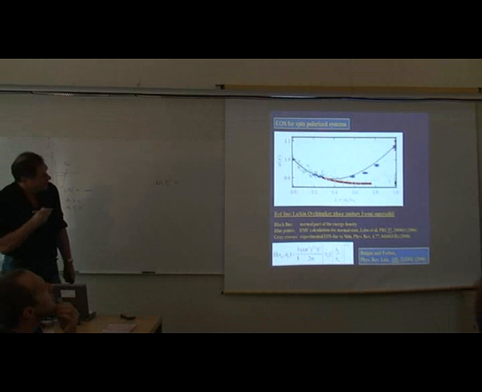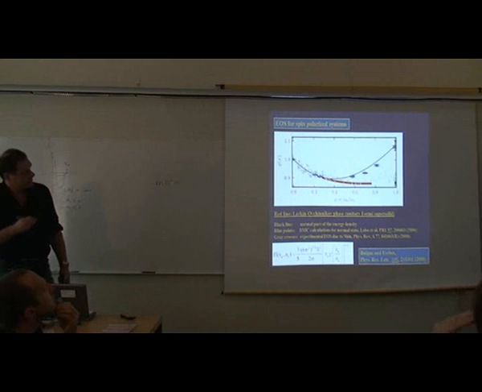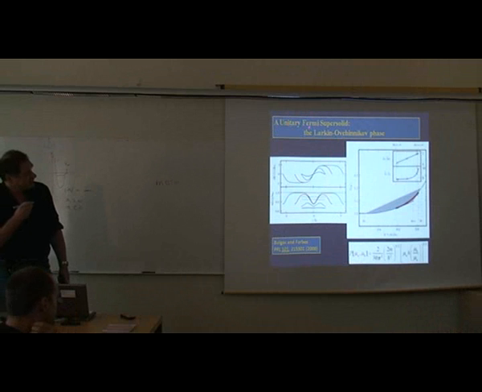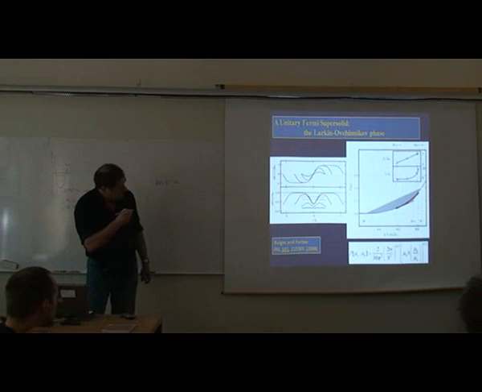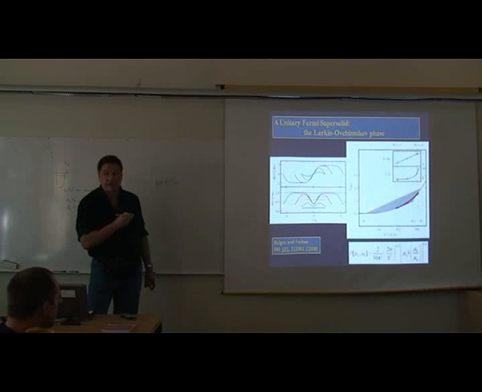Okay, so now to come back to this equation, apply this to an inhomogeneous system, what I said, where you find the unitary Fermi supersolid. How does it look? The gap oscillates, but the interesting thing in this system is that the density oscillates strongly.